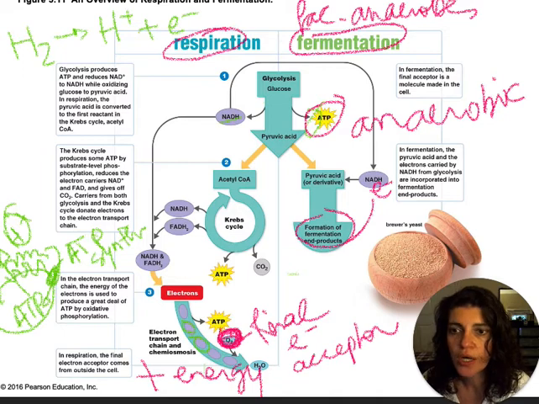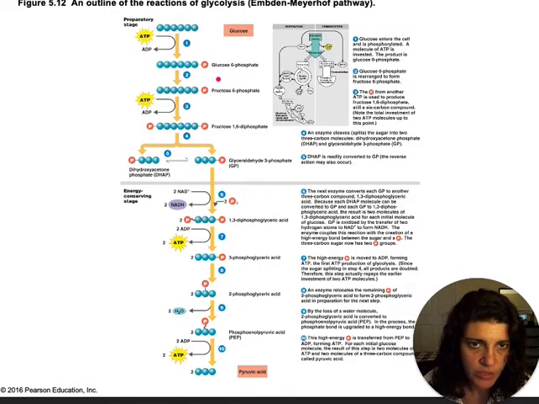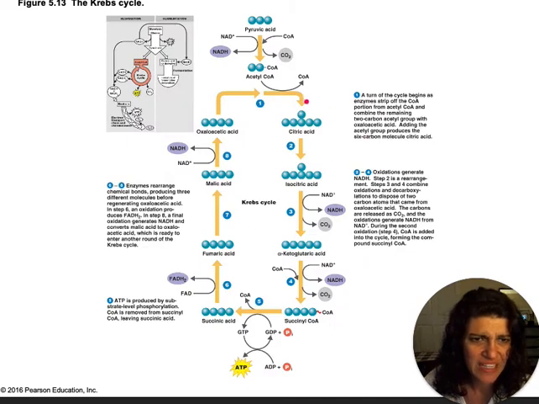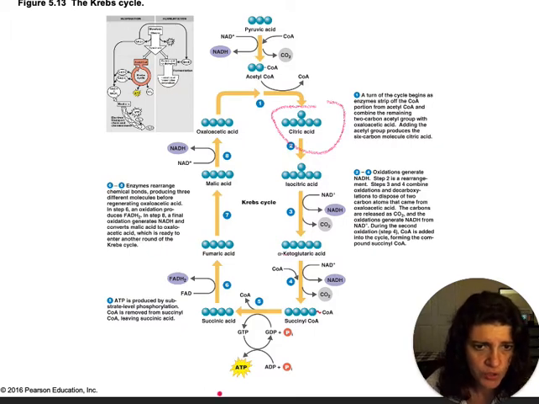You do not need to memorize or learn all these byproducts of glycolysis until we get to pyruvic acid. Don't worry about that. Actually, don't worry about any specific name. Like citric acid is the first one in the Krebs cycle, and then you have all these other acids being produced after the transformations that happen during the Krebs cycle.